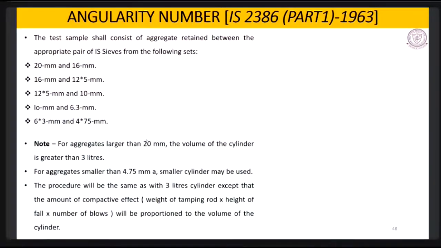Another is the height of fall: in one test it falls from 38 centimeter, in another from 50 centimeter, so they won't create the same compaction effect. The third is the number of blows. If you give 25 blows and 50 blows, they will be different. So it depends on these 3 factors. You can use a smaller or larger cylinder, but you have to take care of these 3 factors.